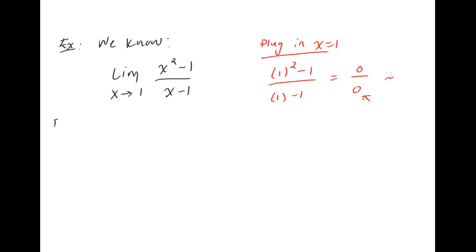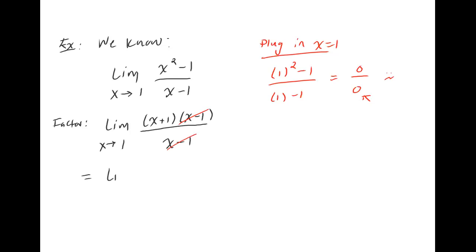I can factor the function. I can say, well, x squared minus 1 is the same as x plus 1 times x minus 1, all that divided by x minus 1. And then we observe that we have a common factor in the top and the bottom that cancels.